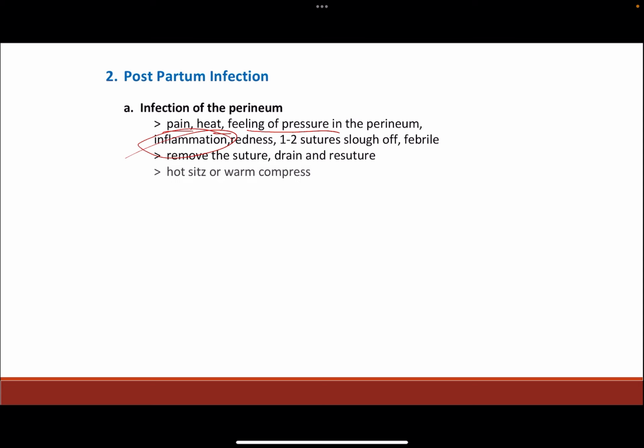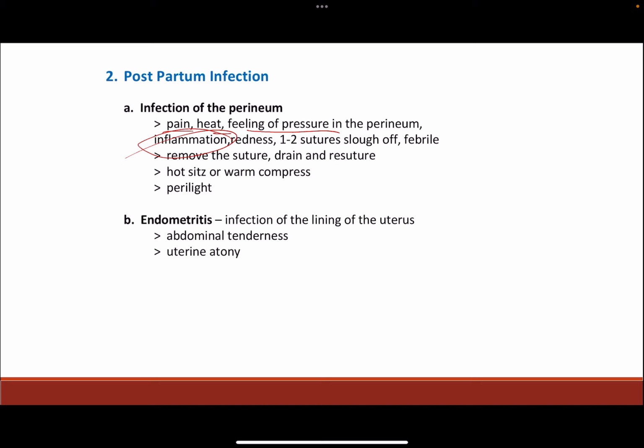Hot sitz bath or warm compress, very light. In endometritis, there is infection of the lining of the uterus, abdominal tenderness, uterine atony, and dark brown, foul-smelling lochia discharges. Management is oxytocin and Fowler position.